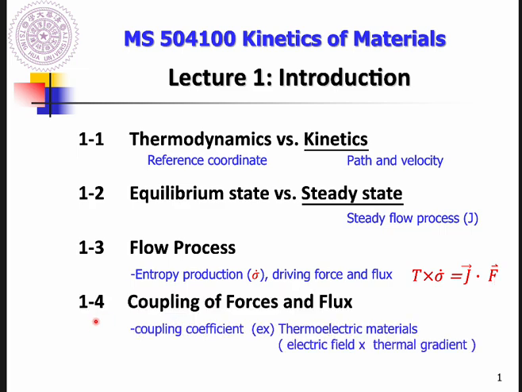And in the last section, we are going to talk about what to do if two or more driving forces coexist, how to deal with them. So we have the coupling of forces and fluxes, which means that there will be some interactions between two driving forces. Then we will talk more about it in lecture 4.